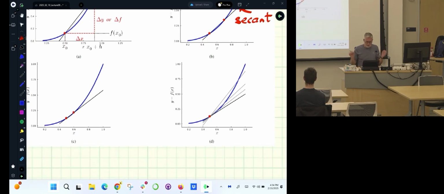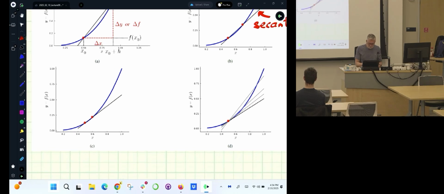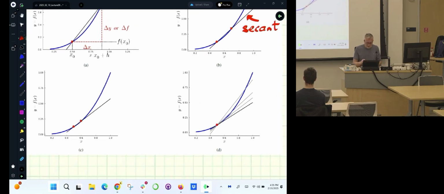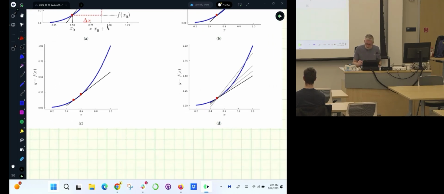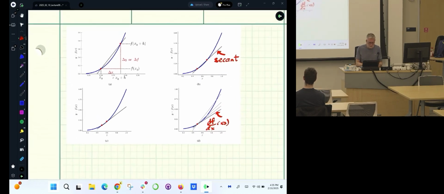And you can see as we take the h smaller and smaller, that eventually it is converging to a line that is tangent to the curve at the point x0. And so that's the df by dx at x0, the limiting curve as h goes to 0.